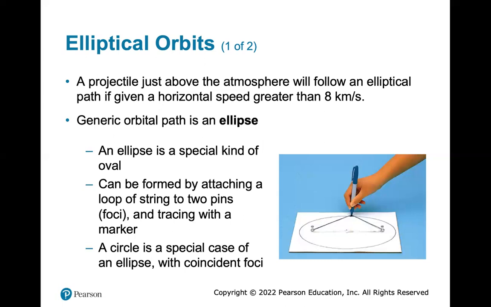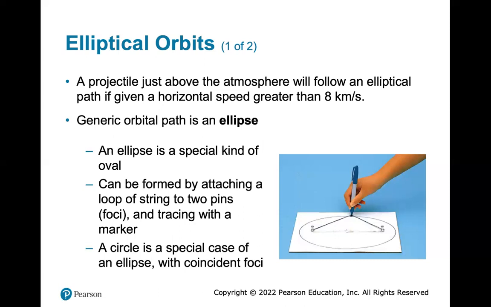The eccentricity determines how much of an ellipse it is. If an orbit has a very low eccentricity, then it's almost circular. Some of the comets have a very, very high eccentricity. They're very, very elongated.